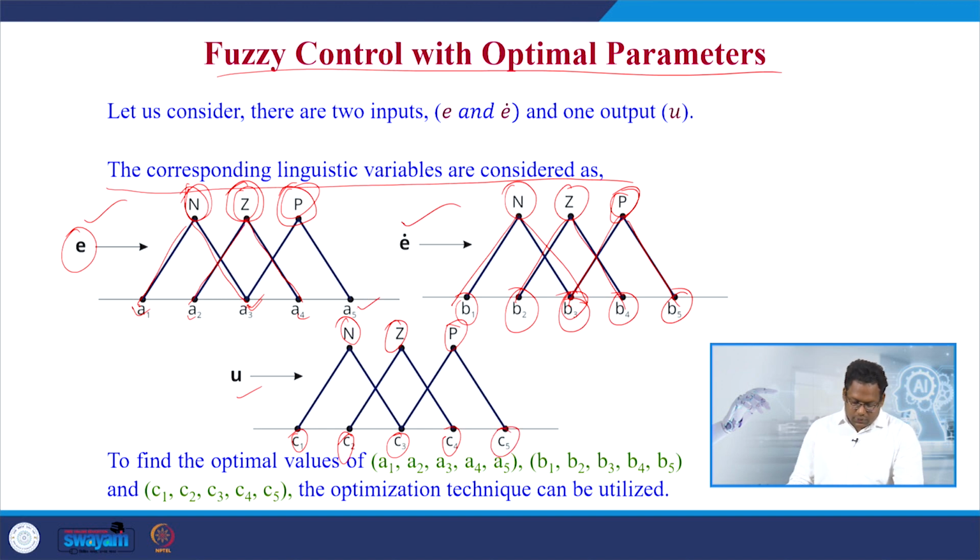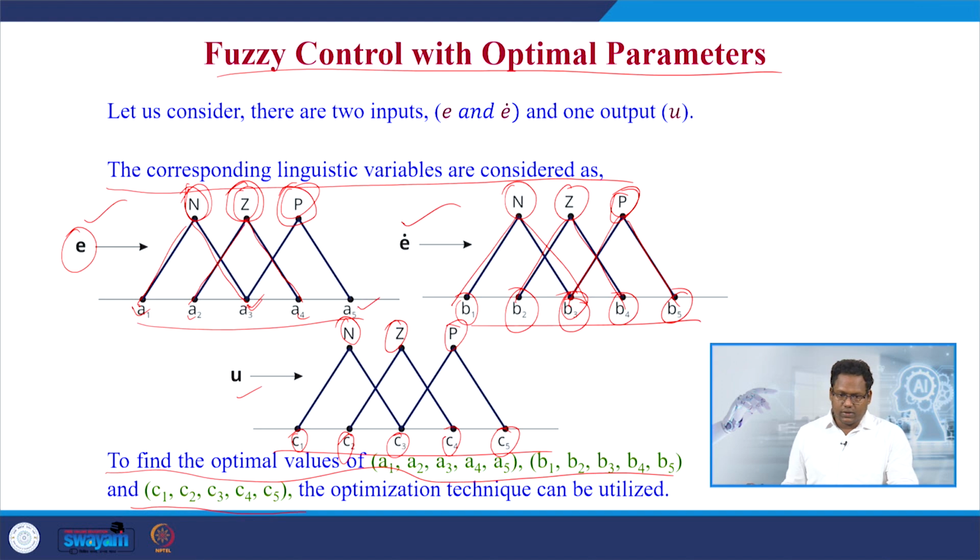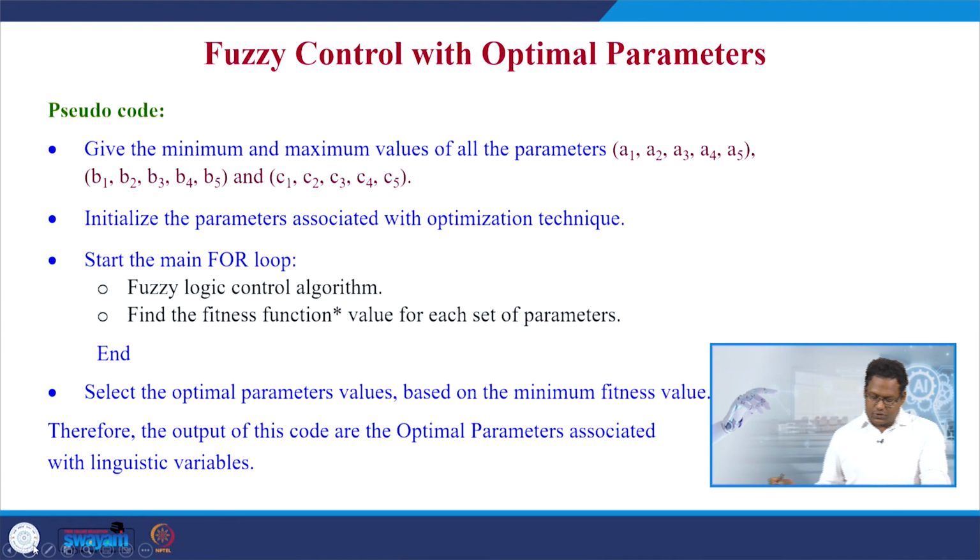So, there are 5 plus 5 plus 5, that is 15 design variables, for this optimization problem. To find the optimal values for these 15 design variables, an optimization technique can be used, precisely a global optimization technique, the genetic algorithm. For that, we need an objective function.